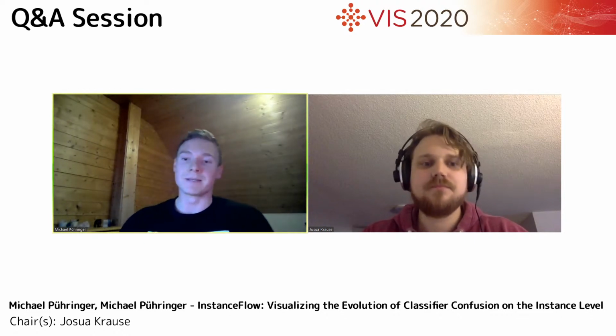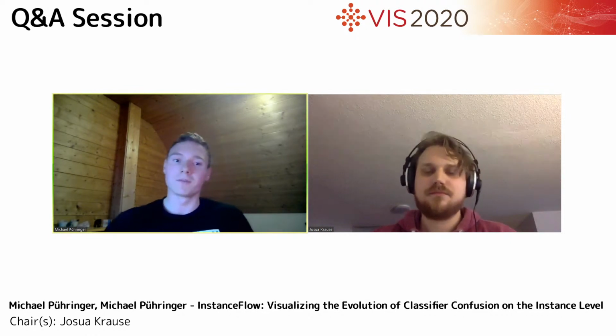It's quite bold to claim that each row of the bar charts can be reduced to a few pixels. What evidence can you give to support that claim? Yes, that's true. We have the problem that when training modern neural networks, for example, you're working with many instances, with hundreds of thousands or millions or even more instances. It's quite hard to find an aggregated way to show all of them.